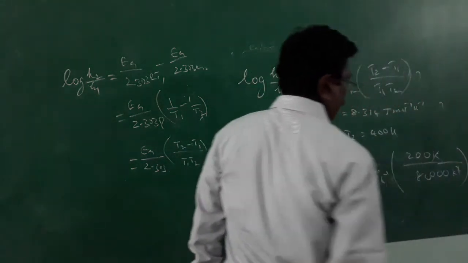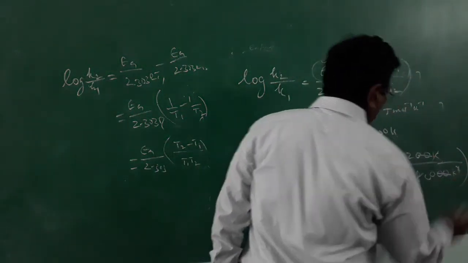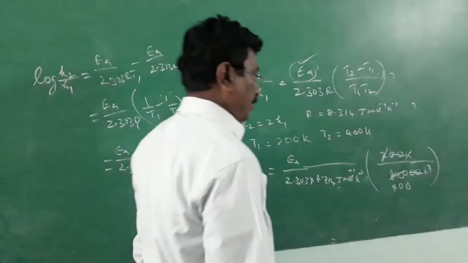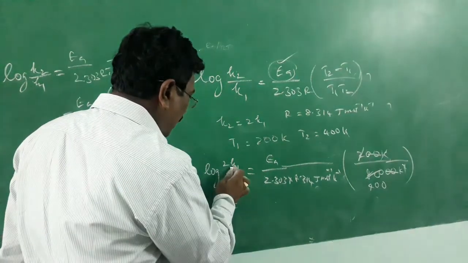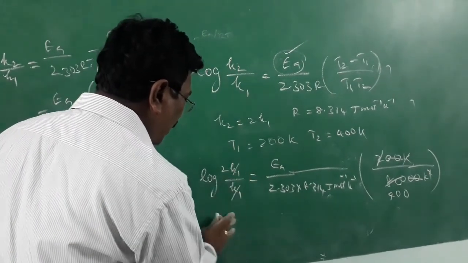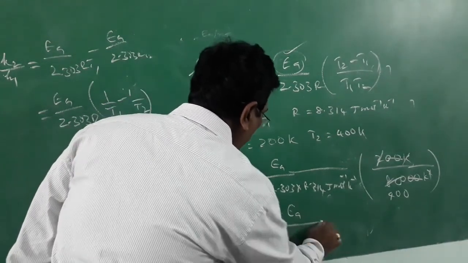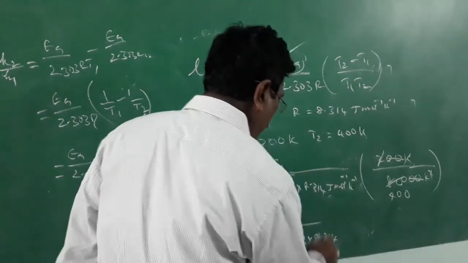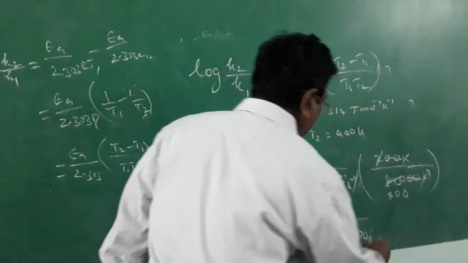Kelvin and Kelvin squared get cancelled, so simply Kelvin. The two zeros I can strike off, 200 by 80,000 gives 1 by 400. Now 2K1 by K1 gets cancelled. It is just log 2 is equal to Ea by 2.303 into 8.314 into 400, and the Kelvin gets cancelled, therefore joule per mole.